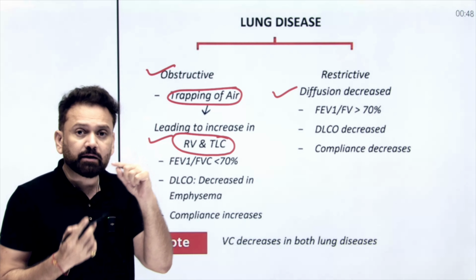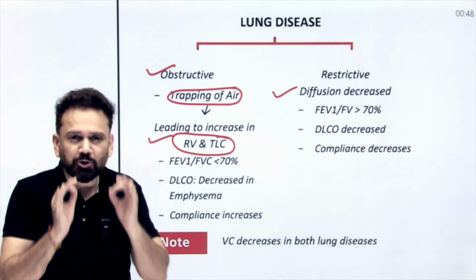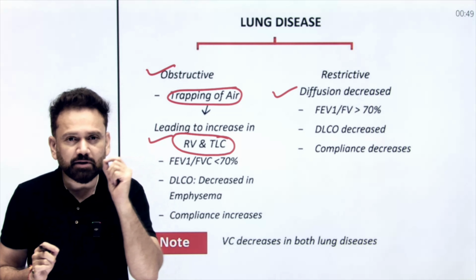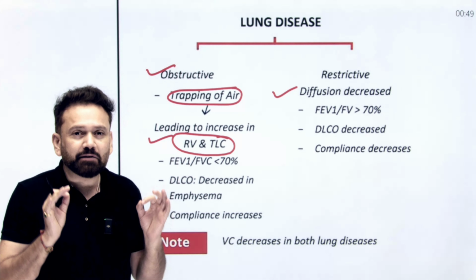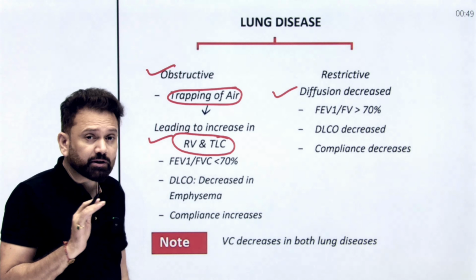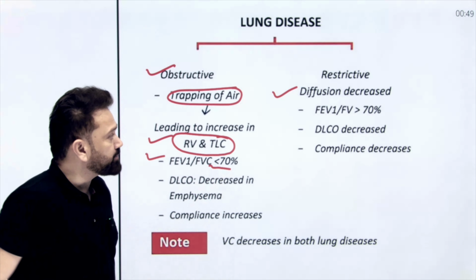So diffusion is going to decrease. You should not forget this in your exam: whenever they say restrictive lung disease, diffusion capacity will decrease.